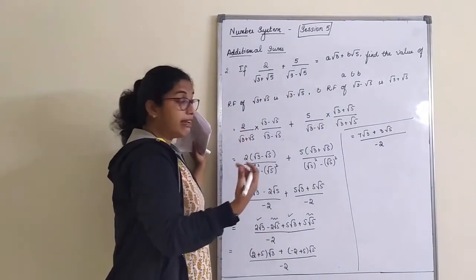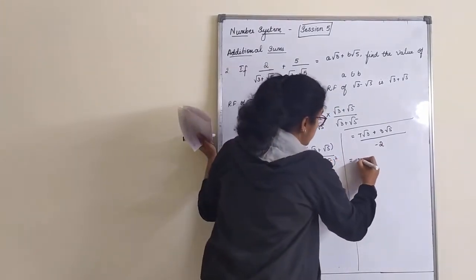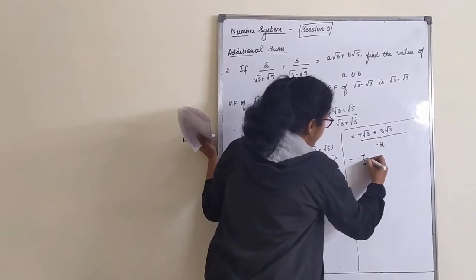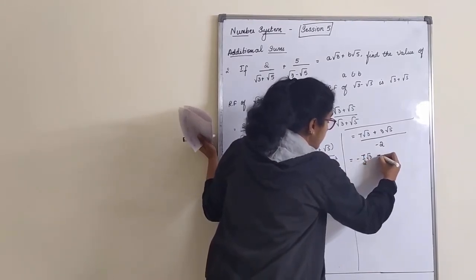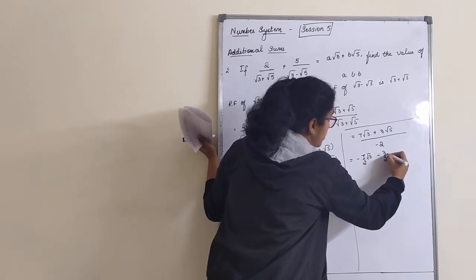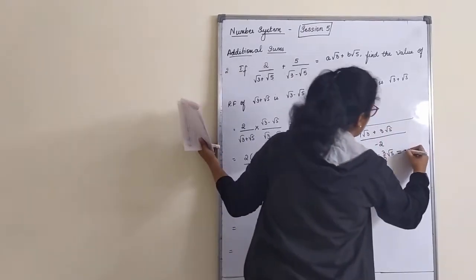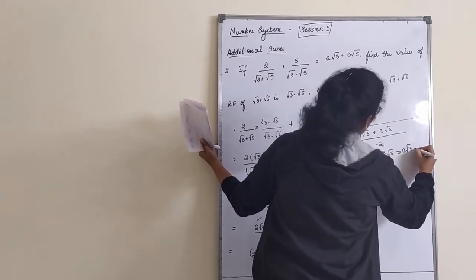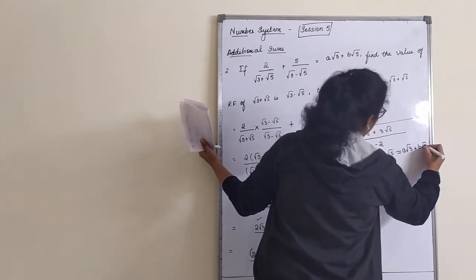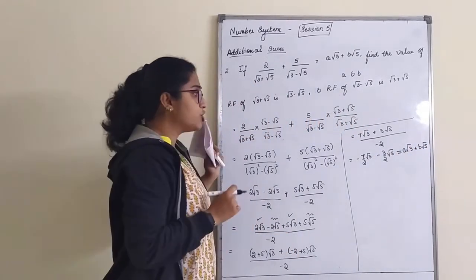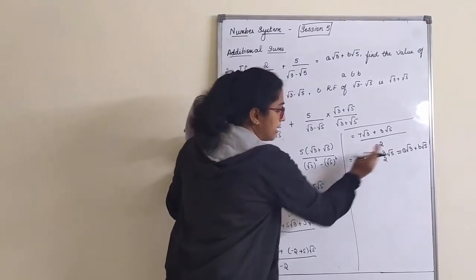Since we can now take the individual denominator, this is equal to minus 7 by 2 root 3 minus 3 by 2 root 5, is equal to a root 3 plus b root 5. This is the final answer, which is of the form a root 3 and b root 5.